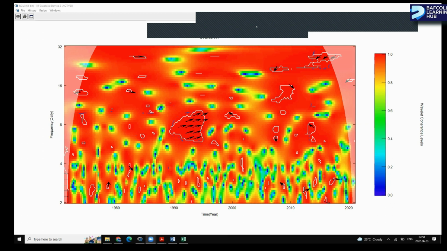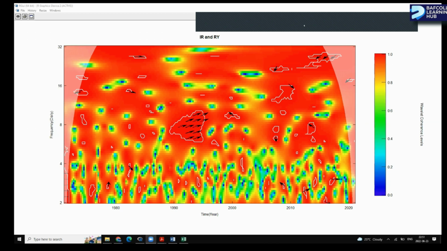So then what we can do is partial wavelet. We can do a little bit of partial. So you have IR and RY. What if the relation between IR and RY is also influenced by an external variable, let's say CPI? If we control that, it's possible that the relationship will change. So that's where partial comes in.